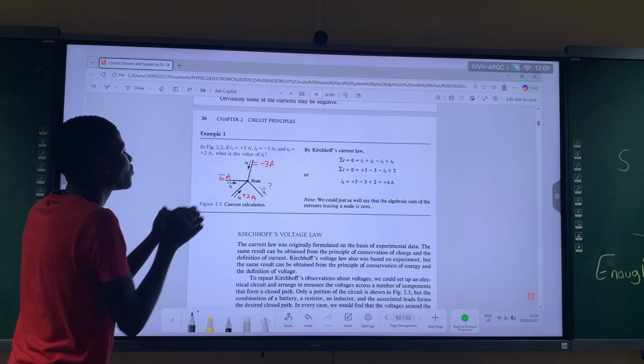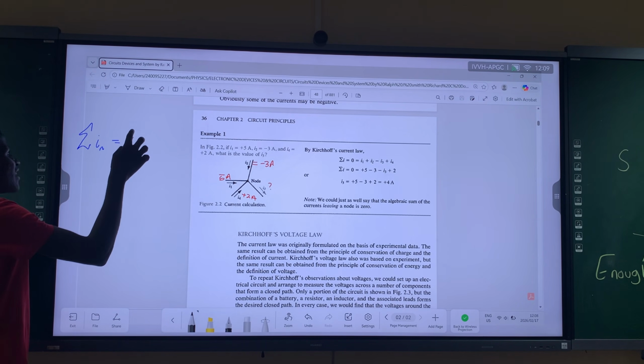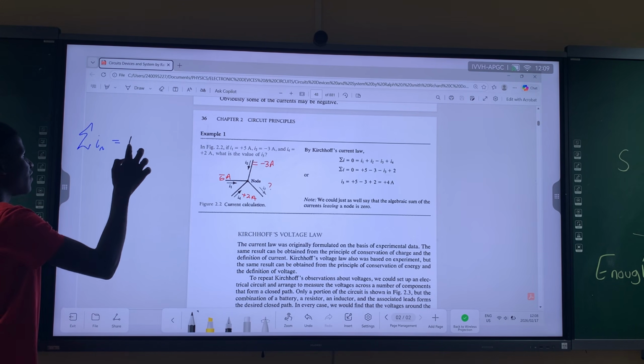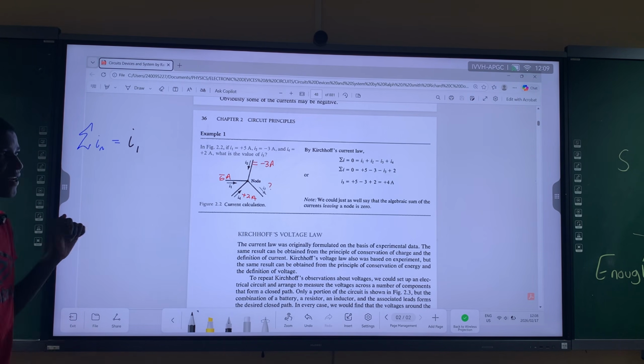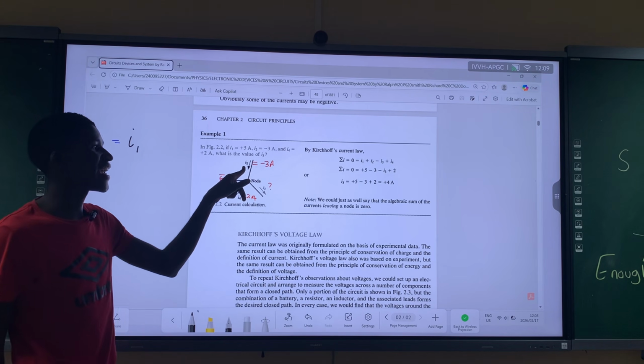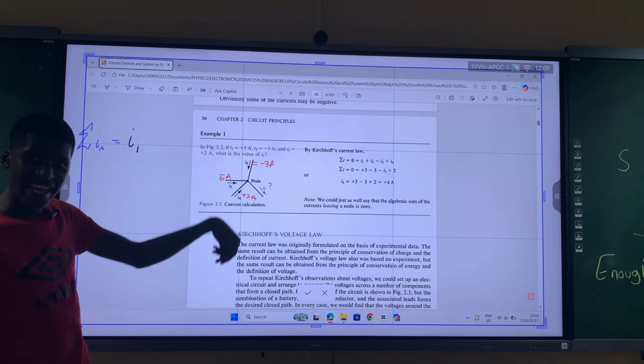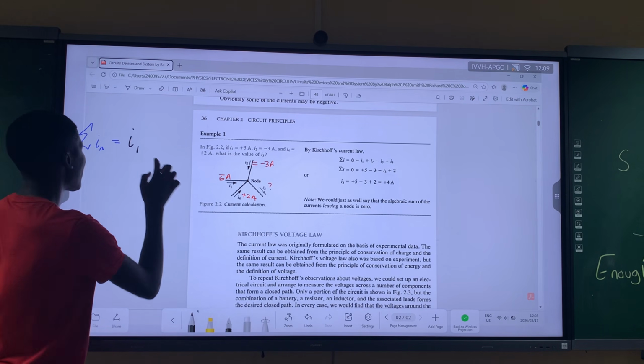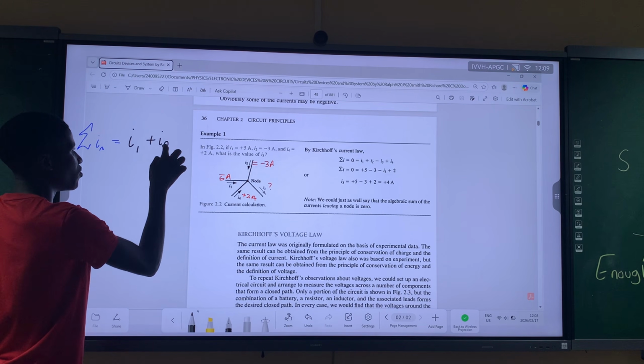It's entering into the node. So I'm going to assign it a positive. Positive I1. And then I2, is it entering or leaving? Entering. So I'm going to say this is plus I2.